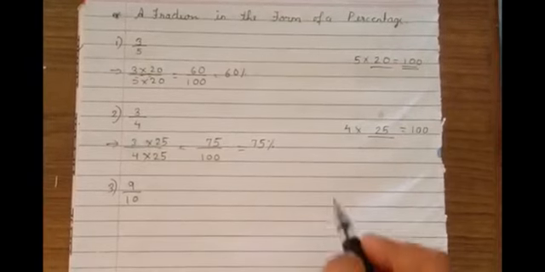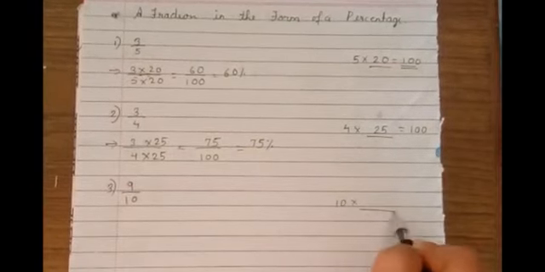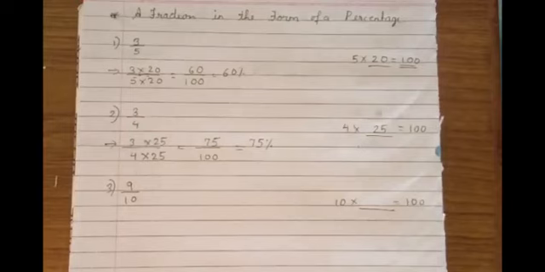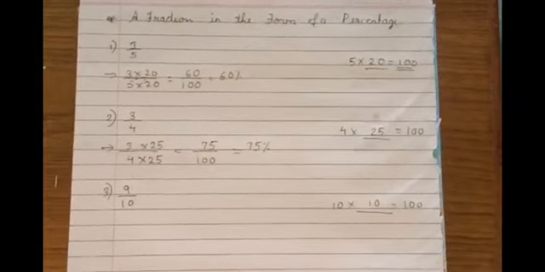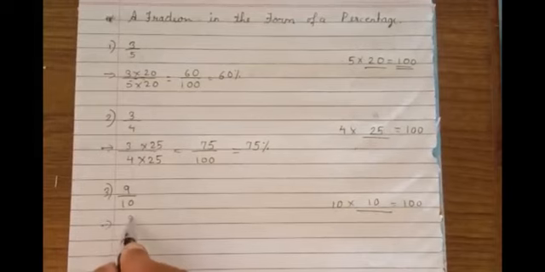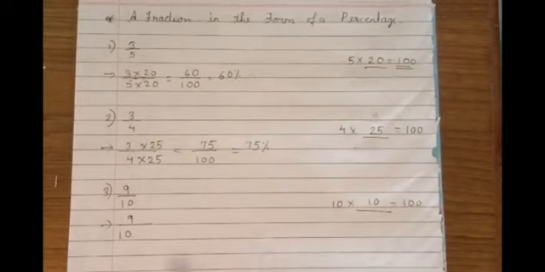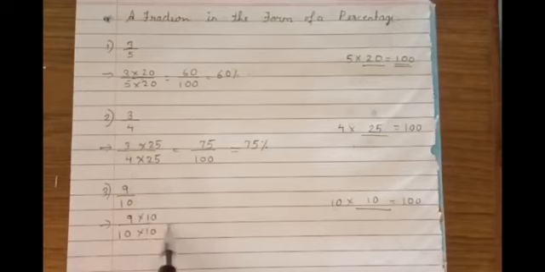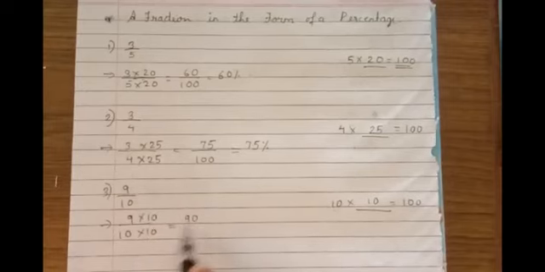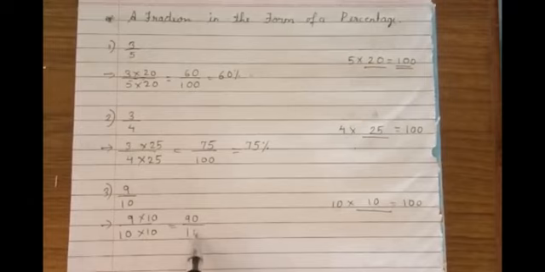So now the third fraction, that is 9 upon 10. Can we convert 10 to 100? Yes, 10 tens are 100. So first we will write down the fraction 9 upon 10. So 10 you are going to multiply with 10, so 9 also we are going to multiply with 10. 9 tens will give us 90. 10 tens will give us 100.